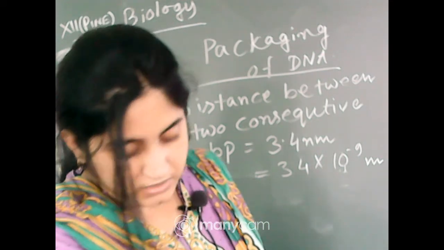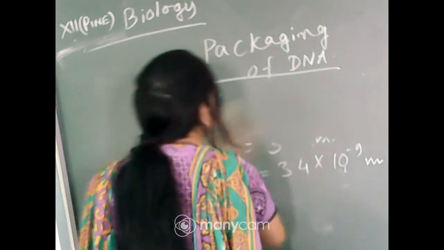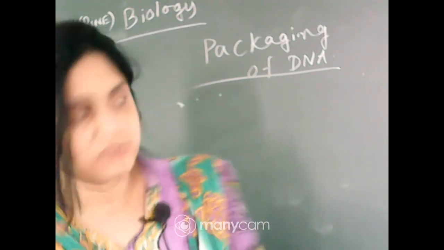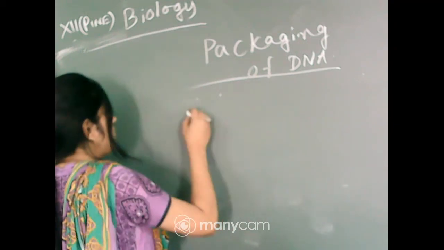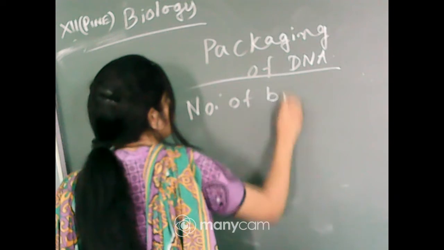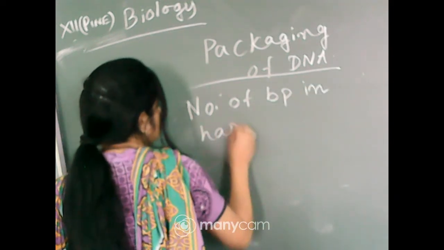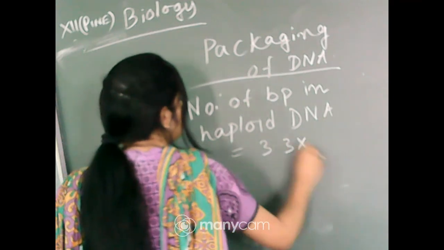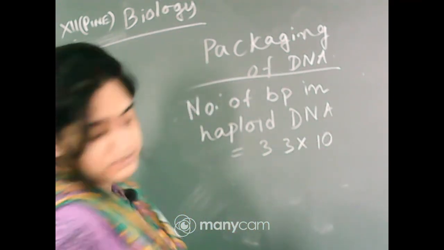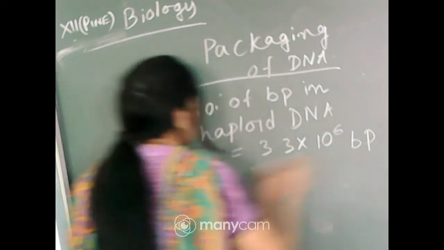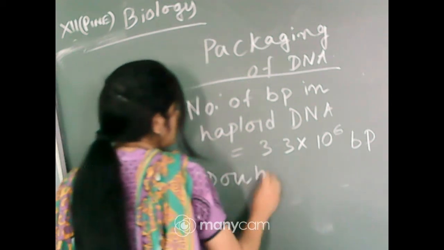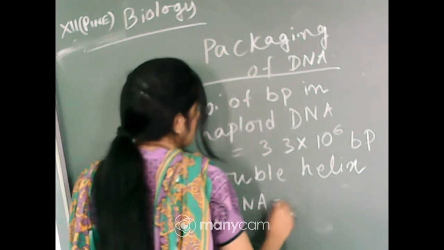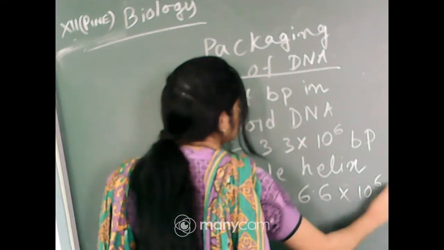And the length of the DNA double helix, because you know that the haploid chromosome has 3.3 into 10 to the power 9 base pair, but in the double helix DNA that is 6.6 into 10 to the power 9 base pair, okay.